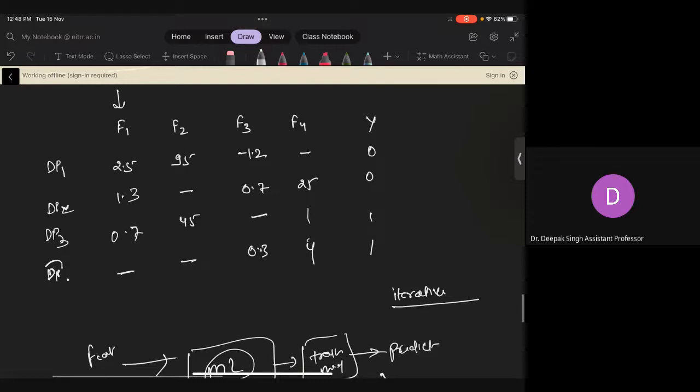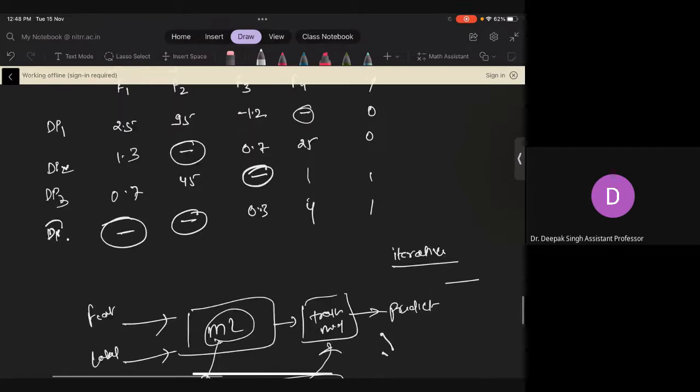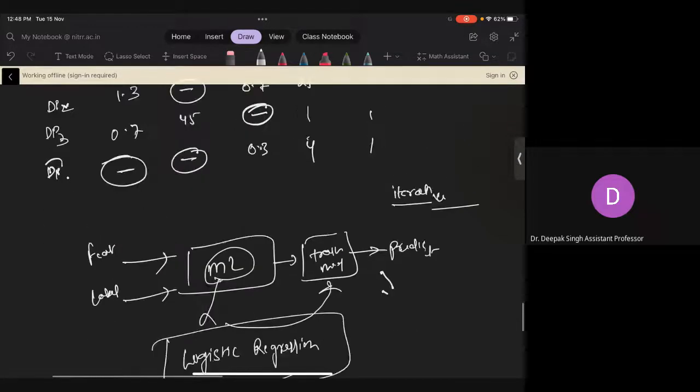Compute the mean of f1, replace the value with this. Compute the mean of f2, replace the value here. Compute the mean of f3, replace the value, and compute the mean of f4, replace. Is it clear? Okay. Now what will happen?